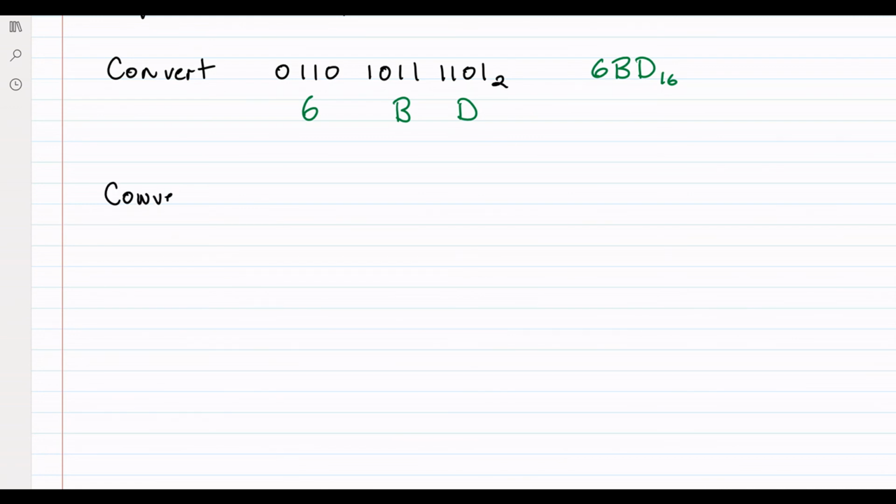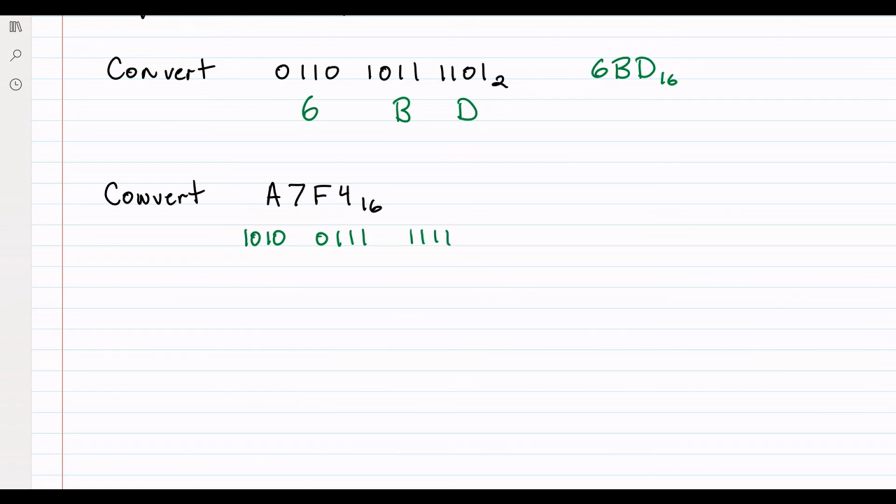So if you convert, let's say, A7F4 base 16, right, to binary. Okay, so A is just going to be 1, 0, 1, 0. 7 is 0, 1, 1, 1. F is 1, 1, 1, 1.